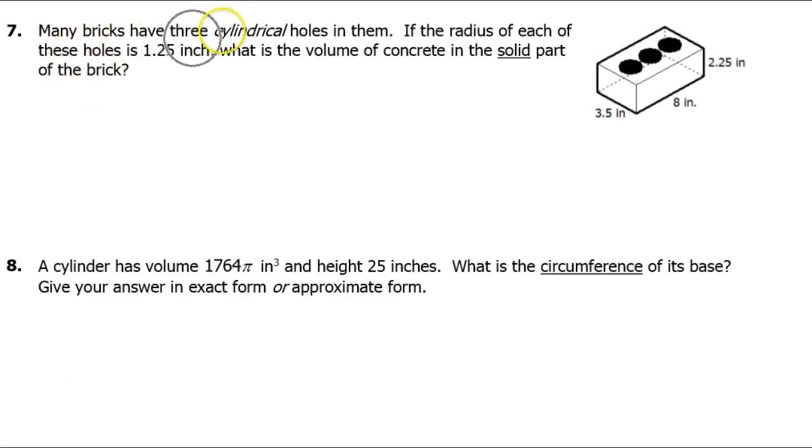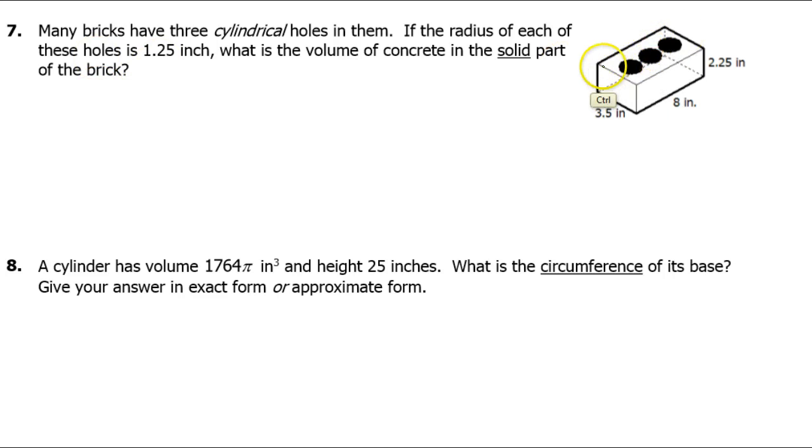Number 7, many bricks have cylindrical holes in them. If the radius of each hole is 1.5 inches, what is the volume of the concrete in the solid part of the brick? All right, the volume of the concrete that's left after you remove these 3 holes.